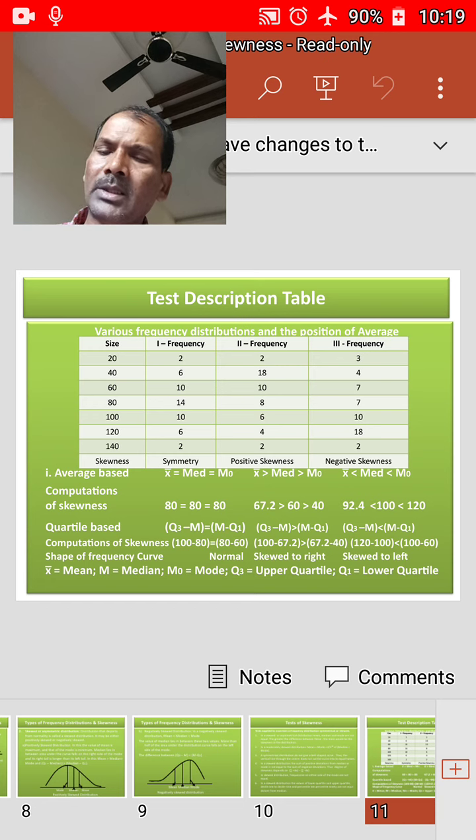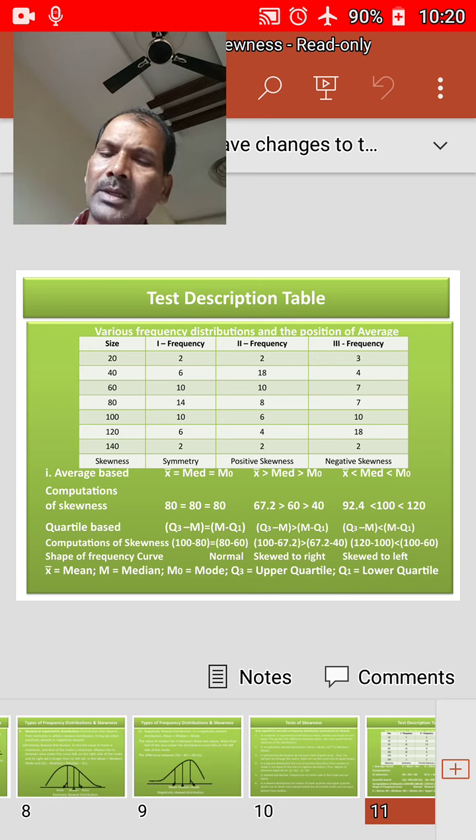That means 100 minus 67.2, how much you will get? 32.8, which is not equal to 27.2. 32.8 is greater than 27.2, right? This is also confirmed.